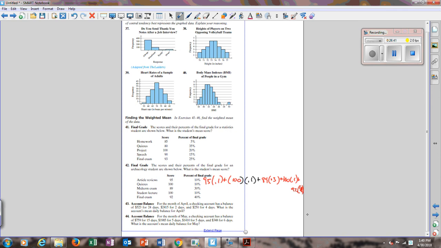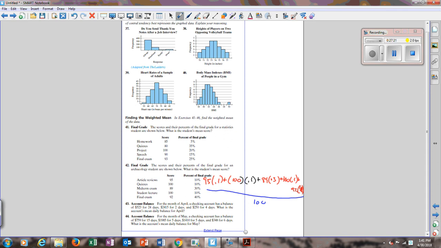Let's take all that and divide it by 100, and I'll find your weighted mean. Let's do that calculation real quick. 9.5 plus 10 plus 89 times 0.3 plus 10 plus 92 times 0.4 gives you 93.